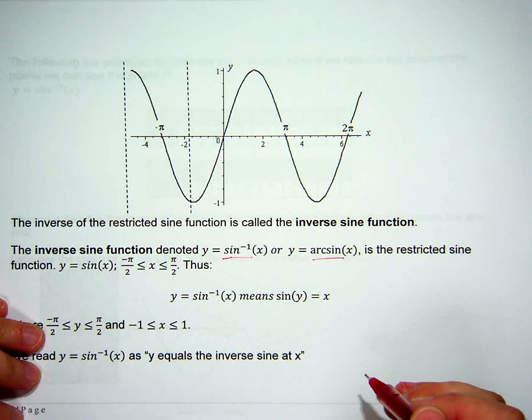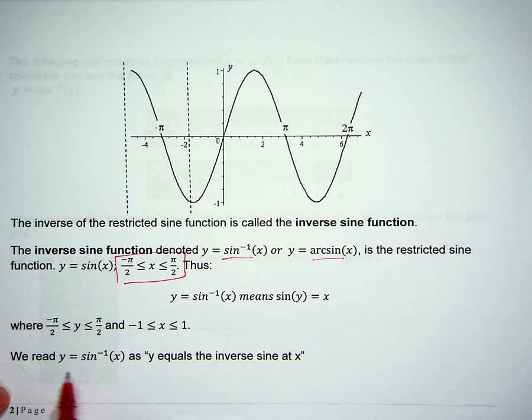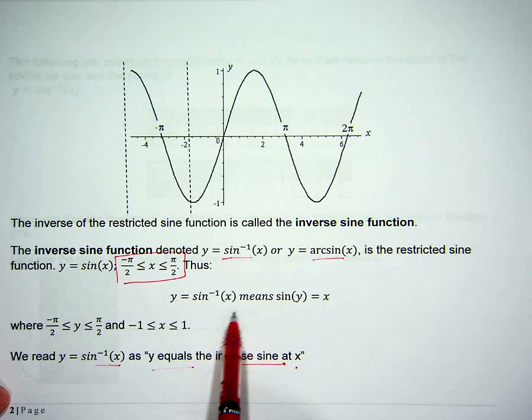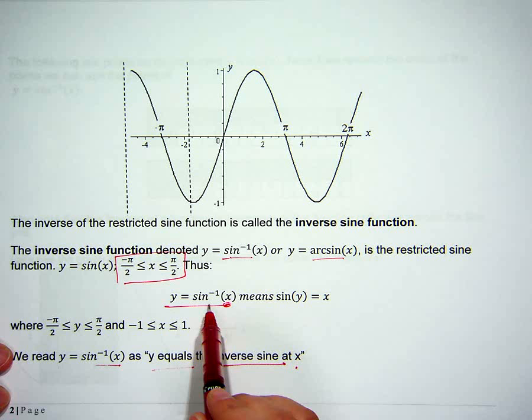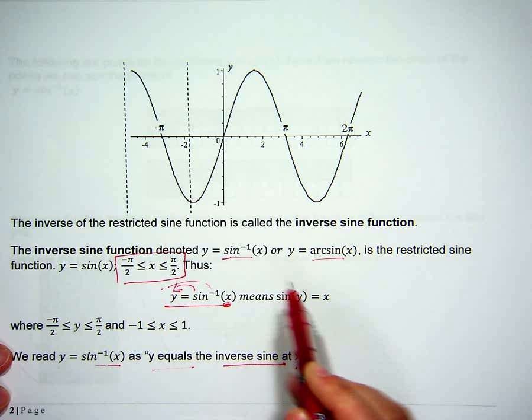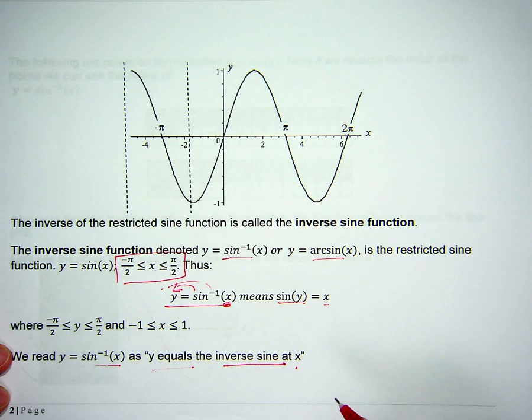So again, the sine inverse is y equals the inverse sine of x. If you rewrite this to solve for x, and take sine inverse across the equal sign, it no longer becomes an inverse. So you say sine of y is x.